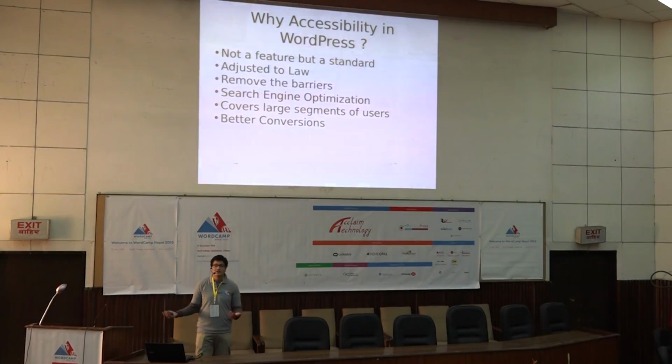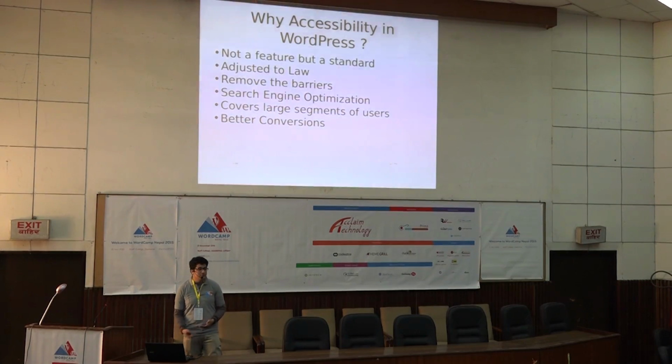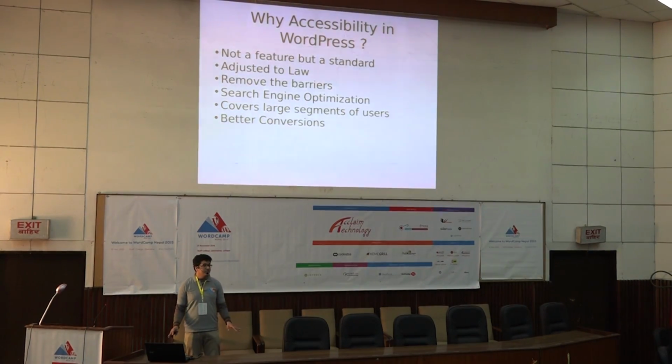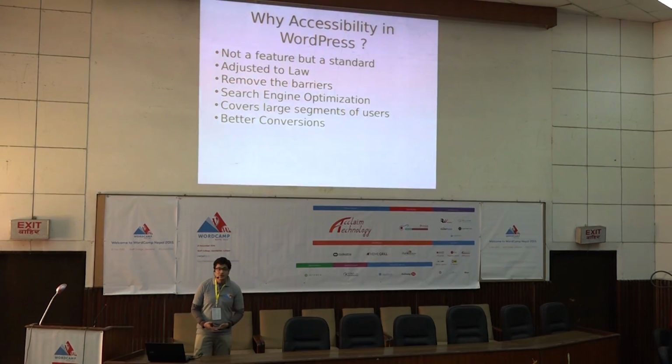Your themes and your plugins should be adjusted to the law of every country because it's a global market, and you have to remain compliant with the law. So to remain compliant, you should make your theme, plugins, or your blog accessibility friendly, and the barriers in using your website should be removed.